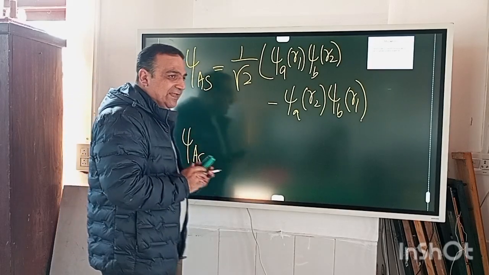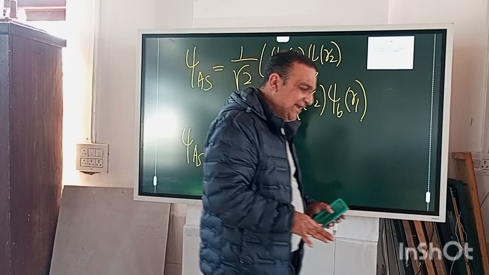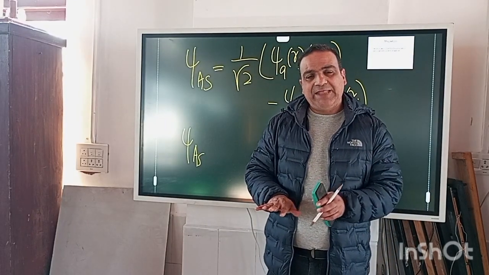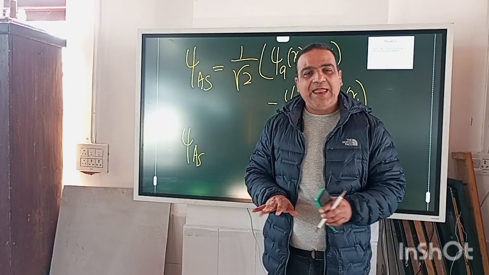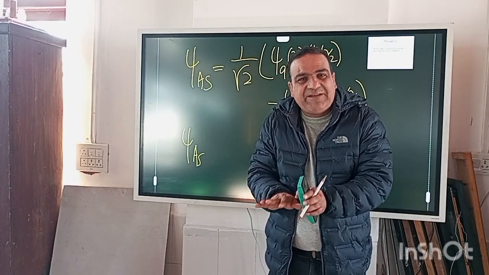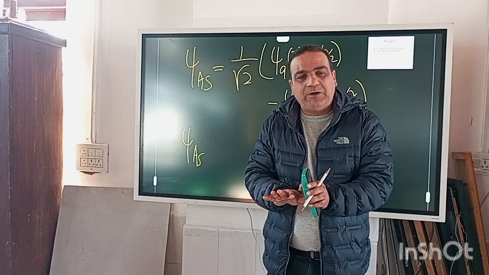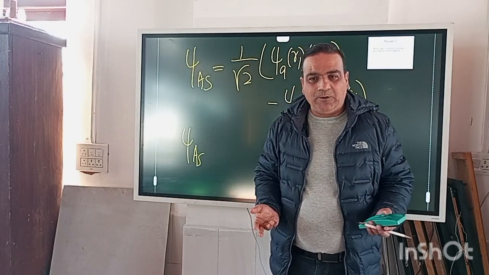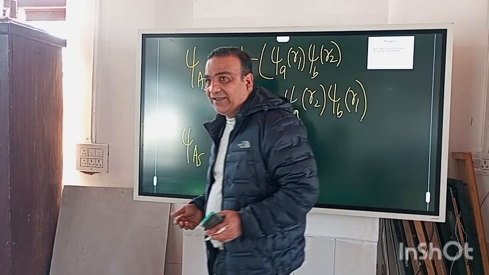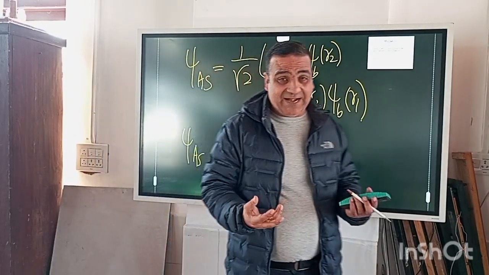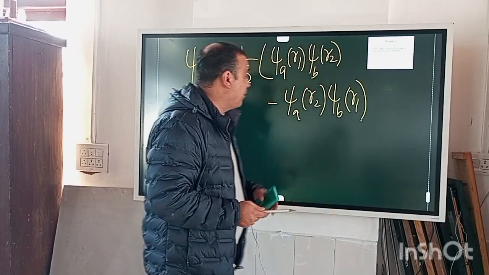So the first important thing, if psi as is negative, it's a pure indication of the anti-symmetry of the wave function, and that you're dealing with particles like fermions, and fermions are electrons, neutrons, protons. They fall in the category of fermions, and fermions obey the statistics called Fermi-Dirac statistics.